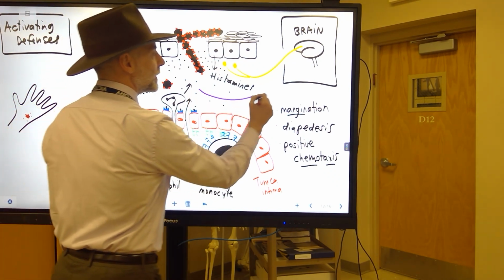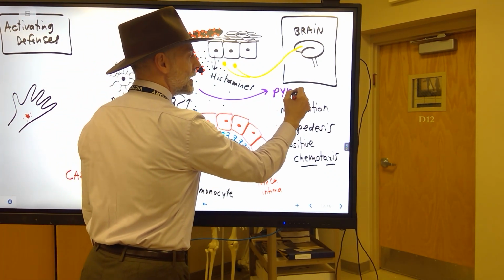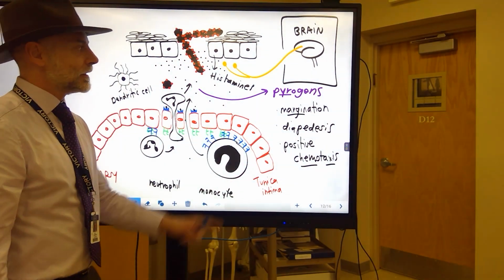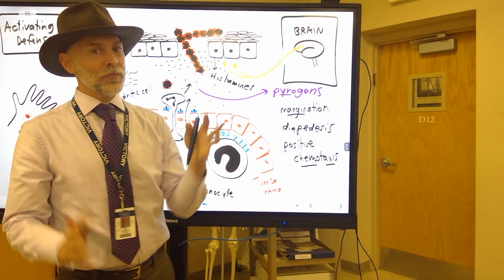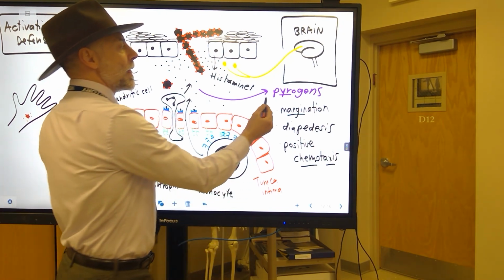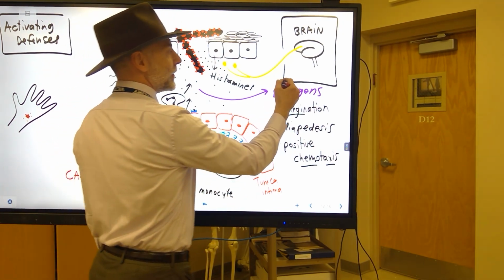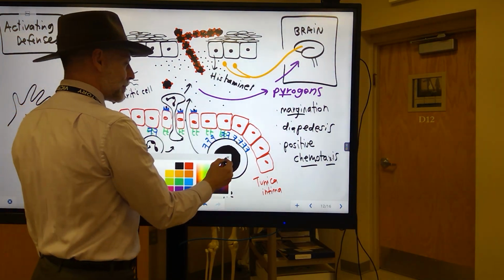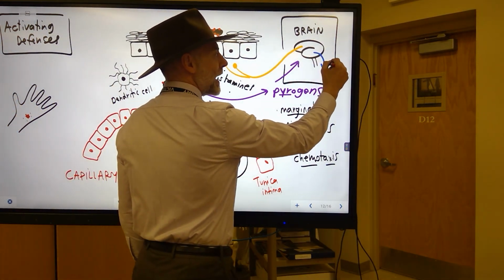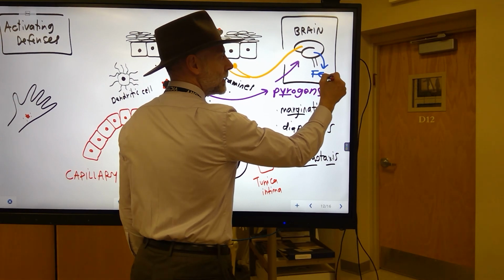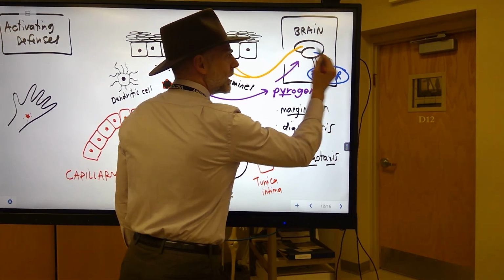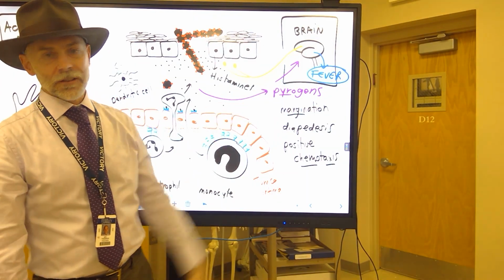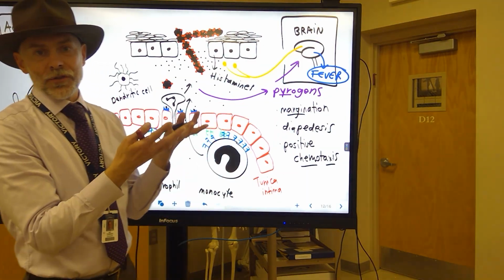What they'll do is release chemicals called pyrogens. Now, pyro means fire, and a pyromaniac loves to play with fire. Pyrogens are chemicals that travel to the brain, and what's going to happen is that the hypothalamus of the brain is going to initiate a fever.